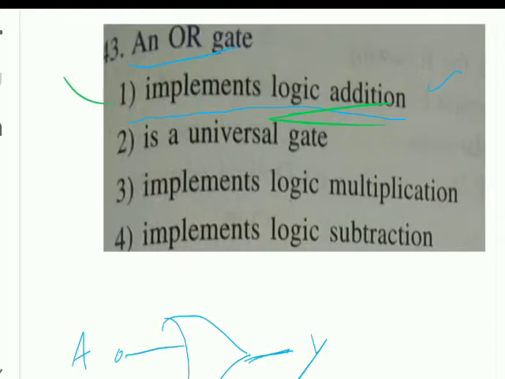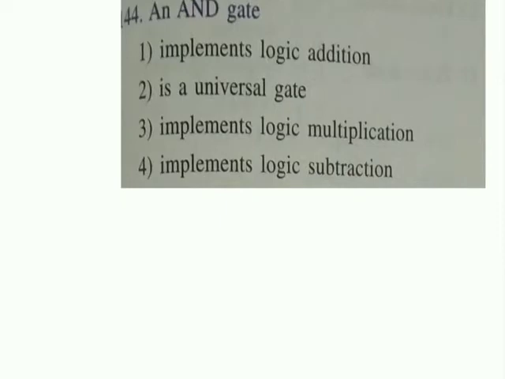Is it a universal gate? No. NAND and NOR gates are the universal gates. Implements logic multiplication: the AND gate is logic multiplication. Why? AND means dot. Implements logic subtraction? No. Our answer is the OR gate, and the AND gate.